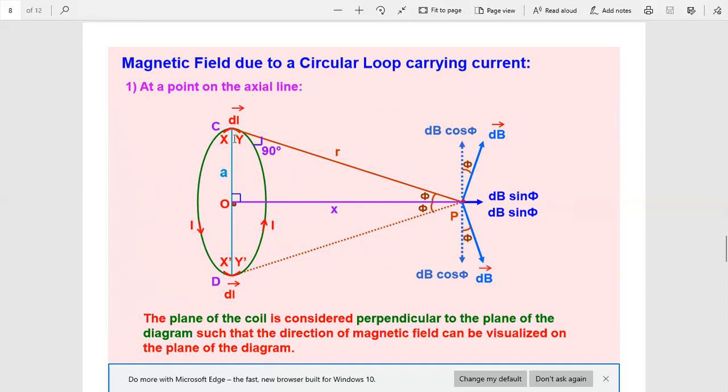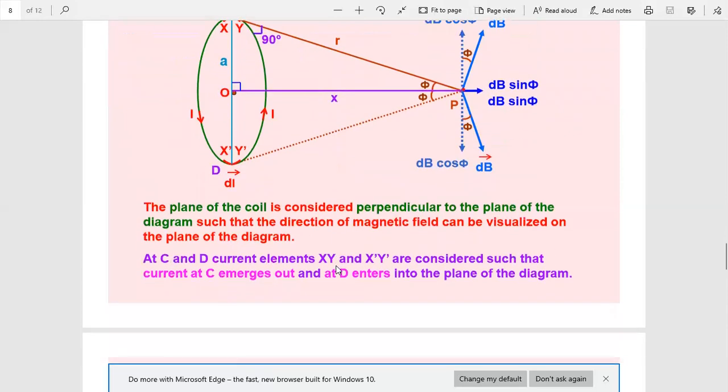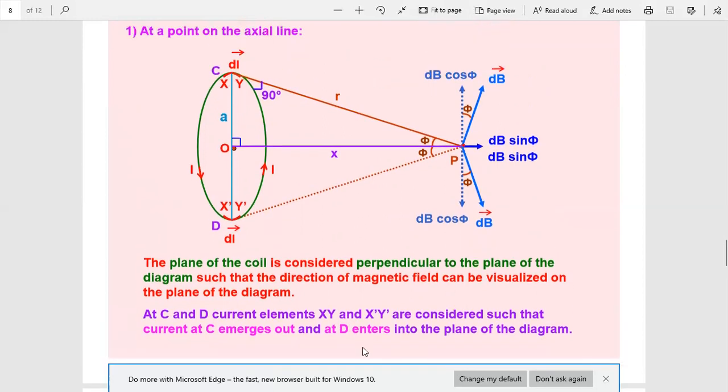First of all, we divide the loop into small elementary parts of length dl, and then we find the magnetic field due to this length, and then we integrate the magnetic field obtained due to the small length of the loop, and we will get the entire magnetic field due to the entire loop of the conductor. So by looking at the figure, you see this is the position vector of the elementary length.